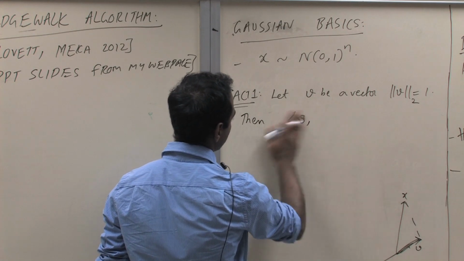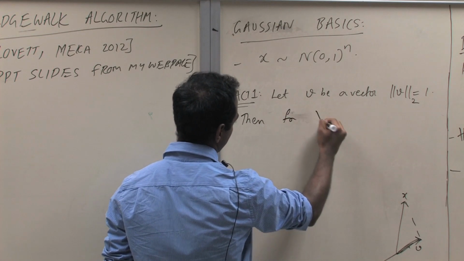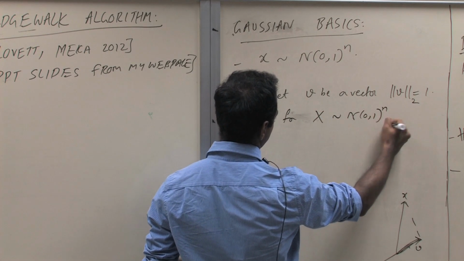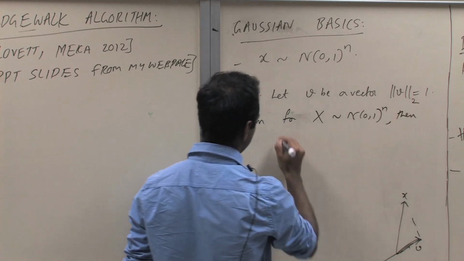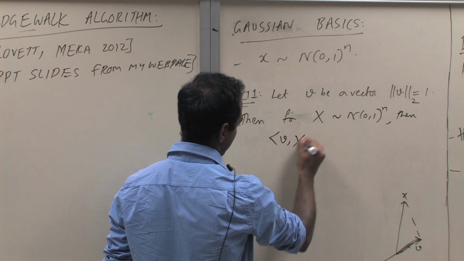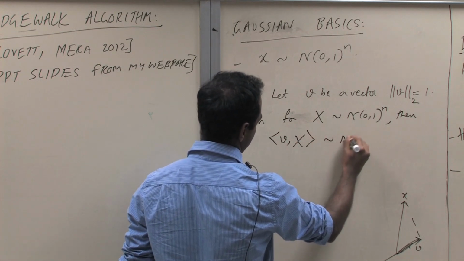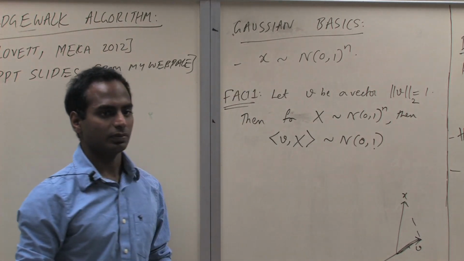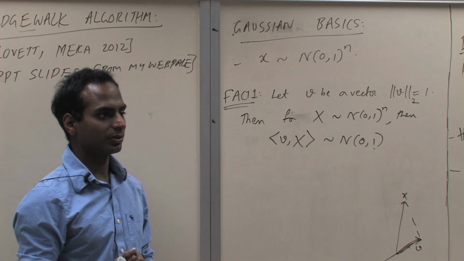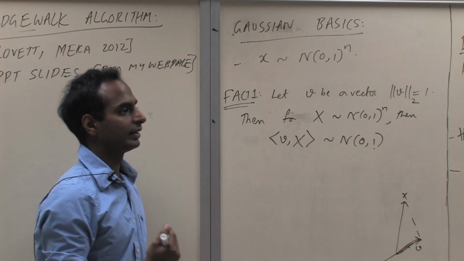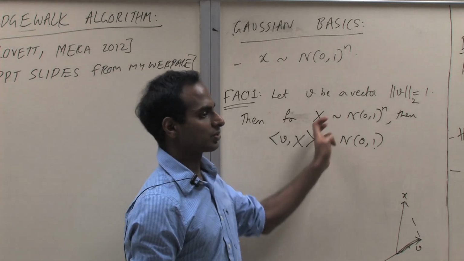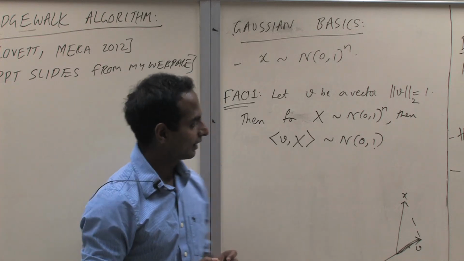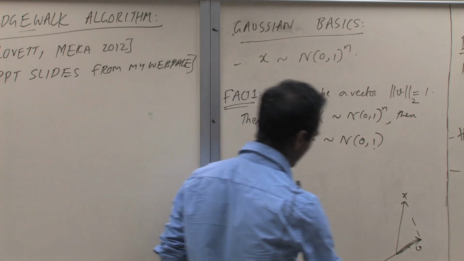If x is a random Gaussian vector, then the inner product of v and x is again Gaussian with standard deviation 1. The mean stays 0 and the standard deviation is 1, and this is true for all directions v. So it's rotationally symmetric. And this is the main property that we will use.